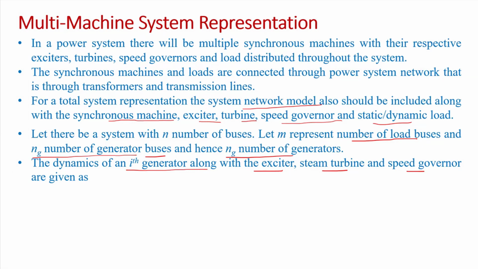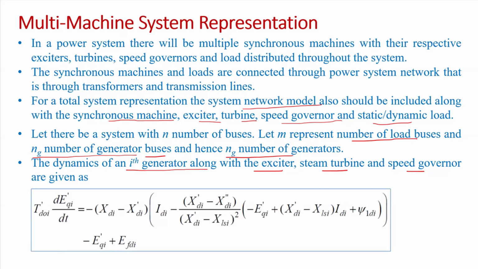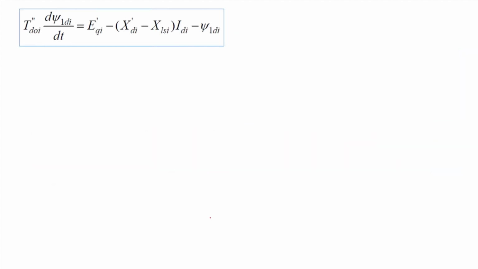So the model for each of the generators can be represented in a general form, considering the ith generator, like we represent in case of load flow. This dynamic model is for the ith generator, and it is valid for all the synchronous machines. We already know these equations.